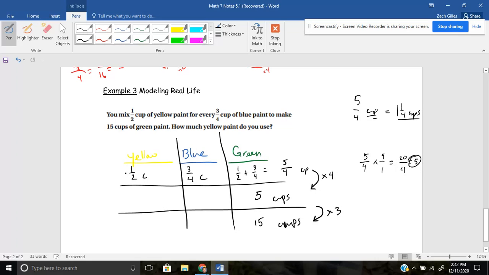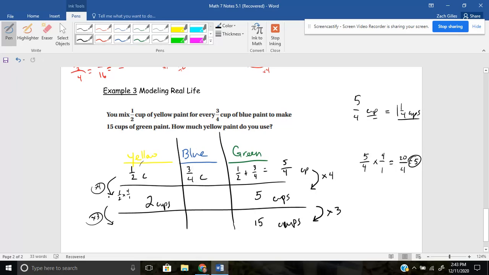Okay. Let's multiply our yellow and blue first by 4 to keep our ratio proportionate, and then by 3 to see how much we'd need for 15 total cups. Okay, if I were to multiply a half times 4, or the same thing as what's half of 4, I'd get 2 cups.